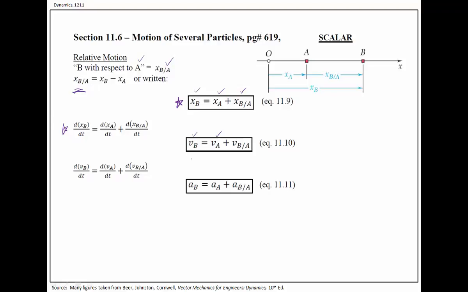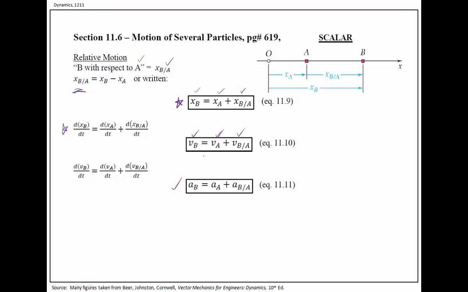So if it looks like the person passing you is going 10 miles an hour relatively speaking, and you were going 50 miles an hour, they're going 60 miles an hour, okay? So you are going 50, they're going 10 miles an hour faster, and are therefore going 60 miles per hour. And the same thing can be done for acceleration. Now this will come up again later.